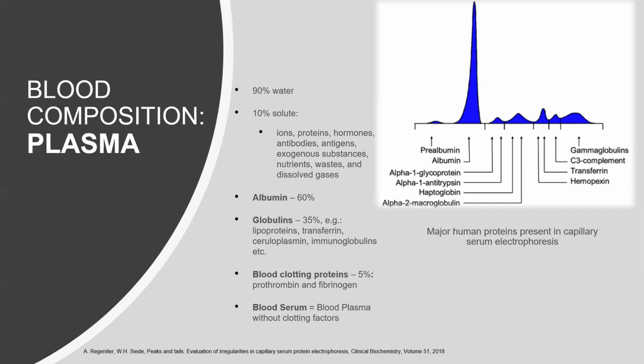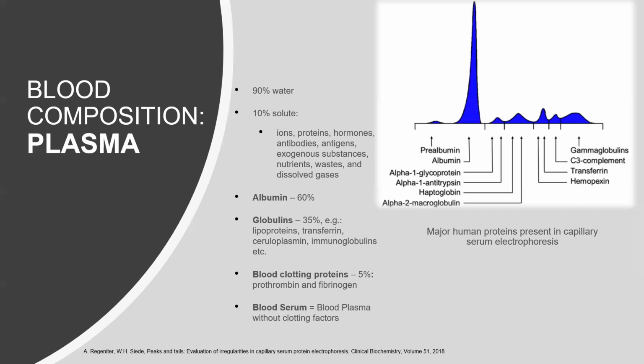For example, immunoglobulins as well. Now they play a role in the immune system, right? The next type of proteins are blood clotting proteins, and they're only 5%. These are mainly prothrombin and fibrinogen.